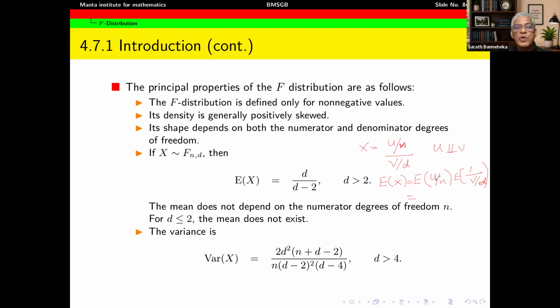Now we know that U has a chi-square distribution with N degrees of freedom.